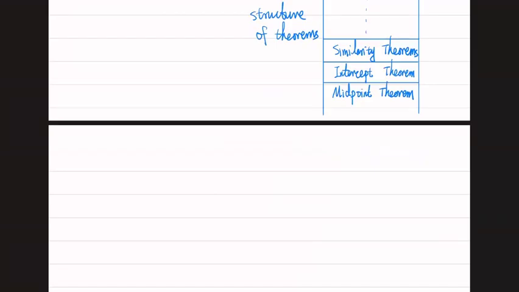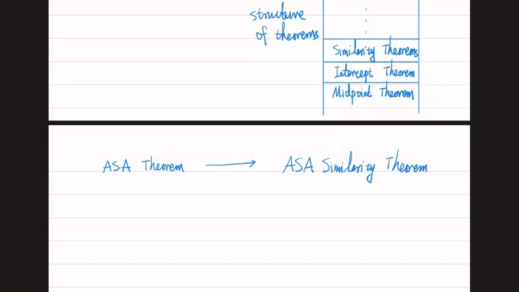So the similarity theorems. We first have the ASA similarity theorem. We have a pair of triangles.